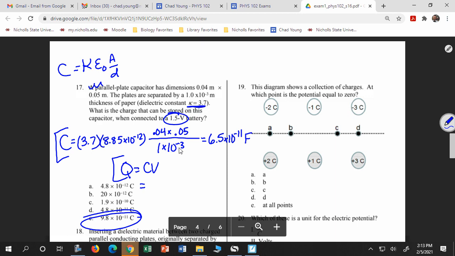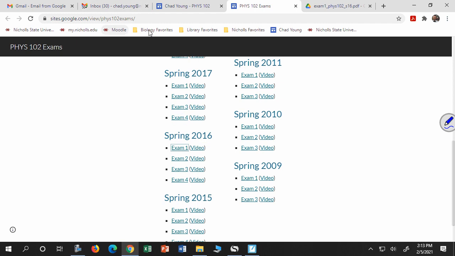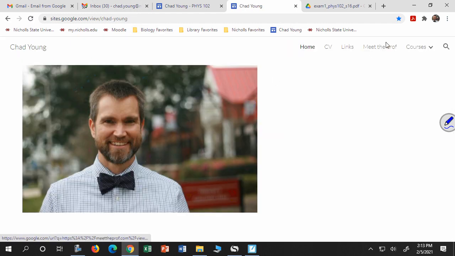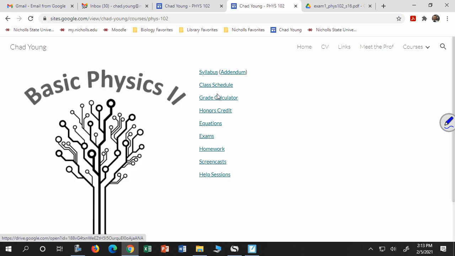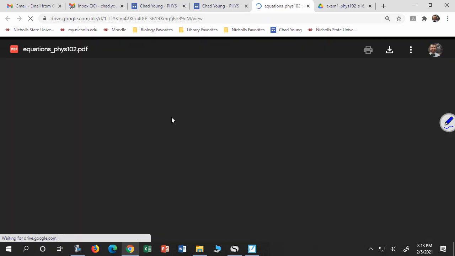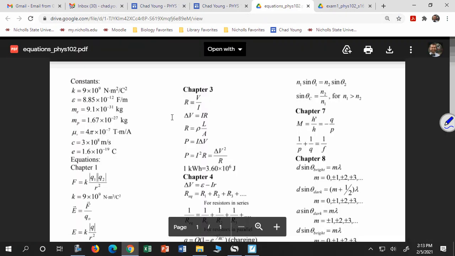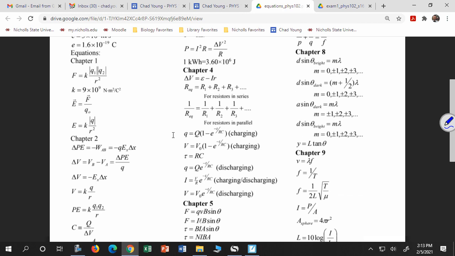Where did you get 8.85 times 10 to the negative 12 from? Let me show you. On the equation sheet, I put it on the last page of the exam. There was a blank half column there, so I put our chapter 1 and 2 equations on that.